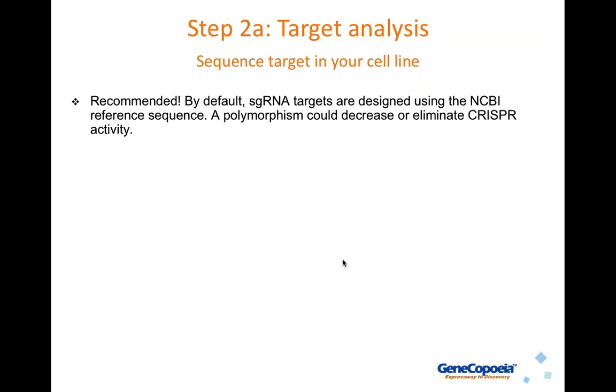So, the first thing to keep in mind is that there could be polymorphisms in your particular cell line that could disrupt, decrease, or eliminate CRISPR activity. So we recommend that you sequence the target in your cell line just in case there is some kind of polymorphism in the target sequence.